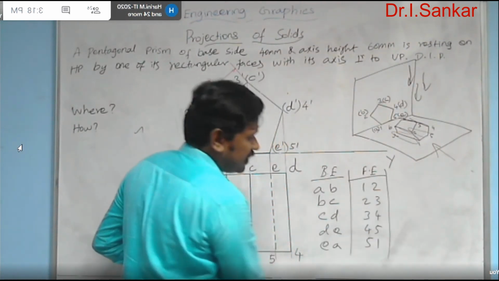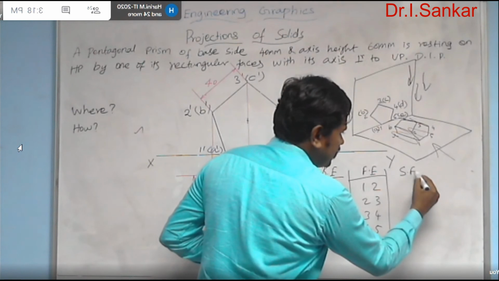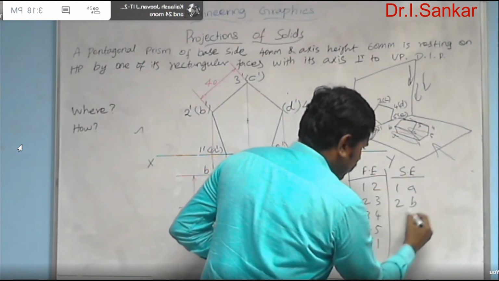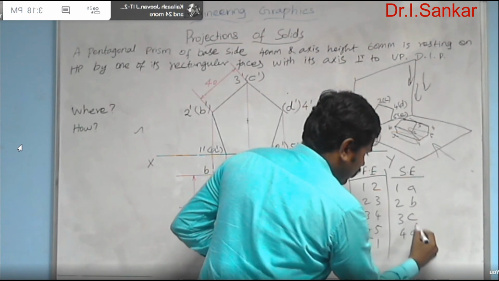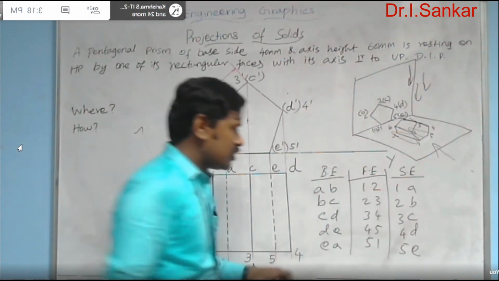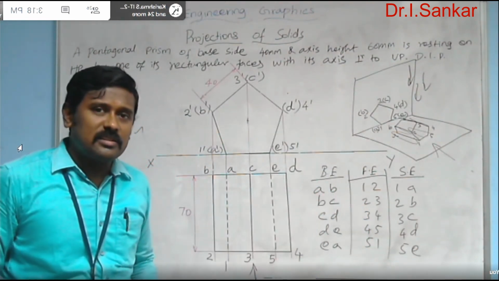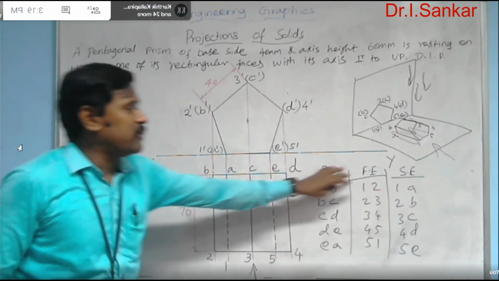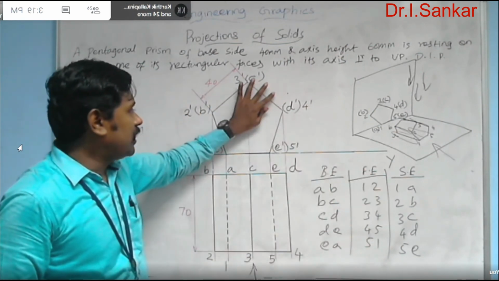They are all face edges, and side edges are 1A, 2B, 3C, 4D and 5E. So totally 15 edges are there in this solid. Just check whether you have brought out all these 15 edges in both front and top views.